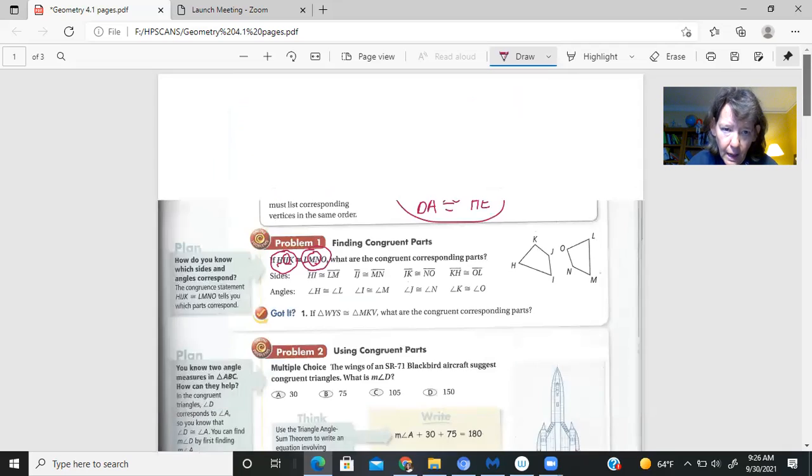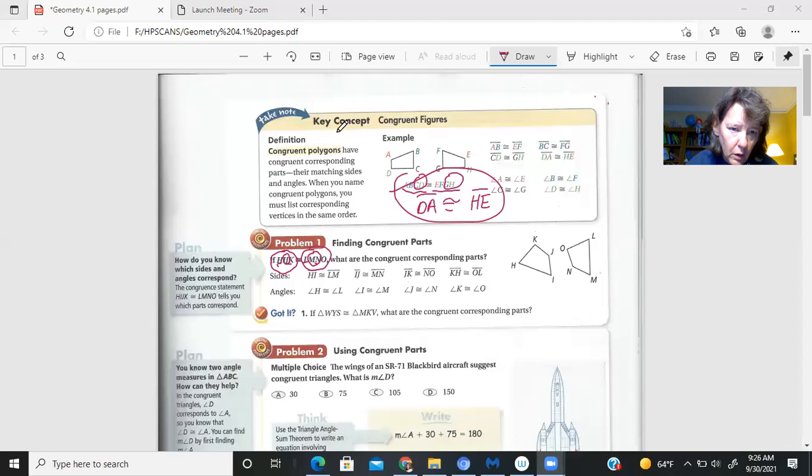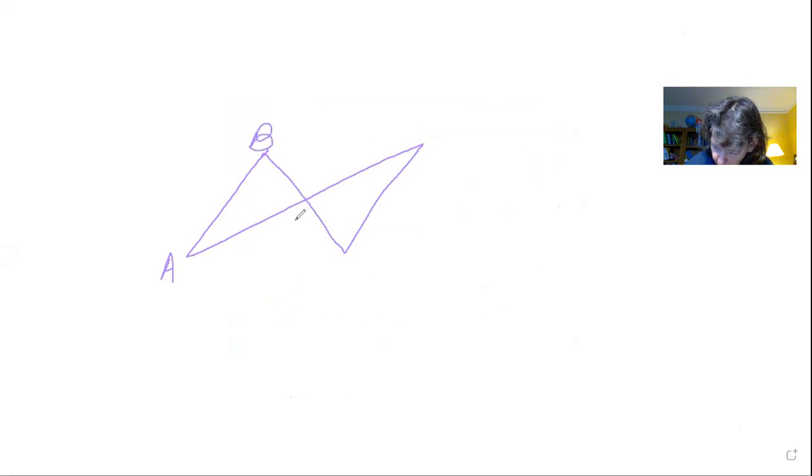Okay? And the next one didn't cover too well, so I'm going to go to the whiteboard for this one. But if you want to look in your book, you can look at the top of page 220. I'm just going to do a quick sketch of this. So just some reminders. Triangles can be identified by their 3 vertexes.